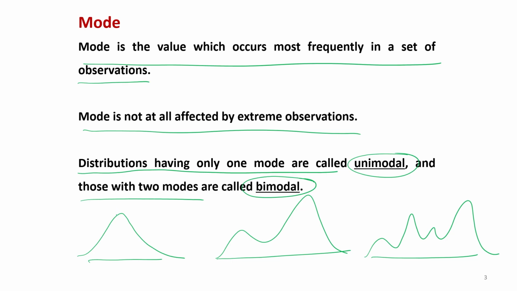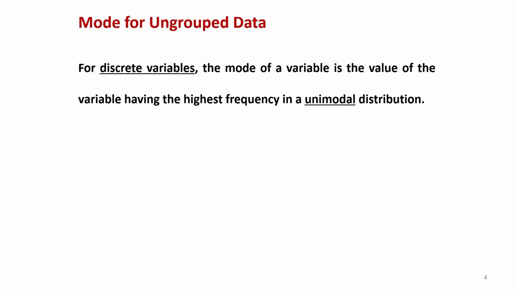So you can see here, this is the height where the maximum frequency occurs, so this will be the mode. In the bimodal, there are two values where maximums appear, so they will be the two modes, mode 1 and mode 2. Similarly, in the multimodal there will be more than one value which can be called modes 1, 2, 3, 4.